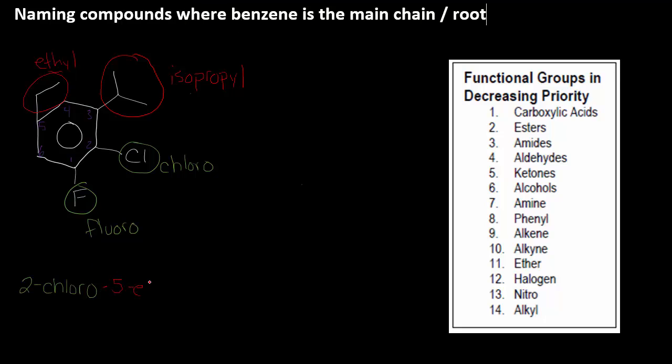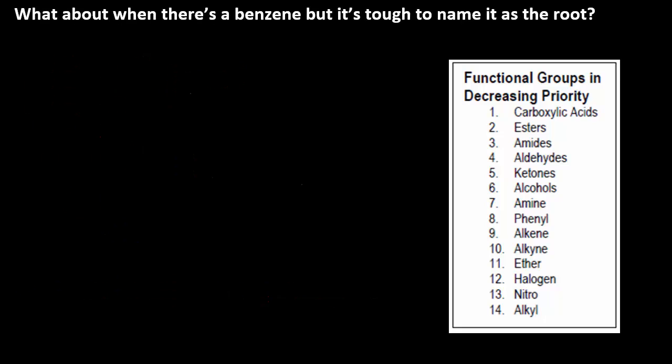Then E comes next, 5-ethyl, 1-fluoro, 3-isopropyl, benzene. So just put it together piece by piece, same as we've done for all the other compounds.